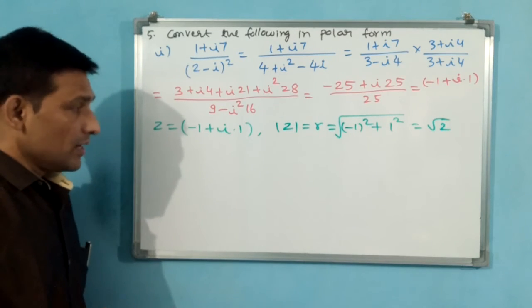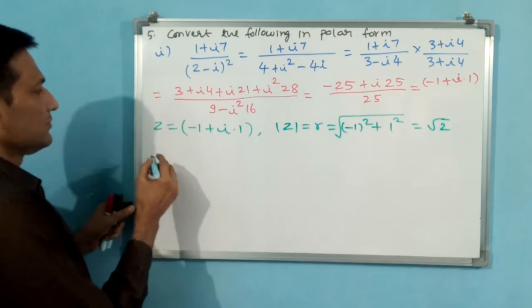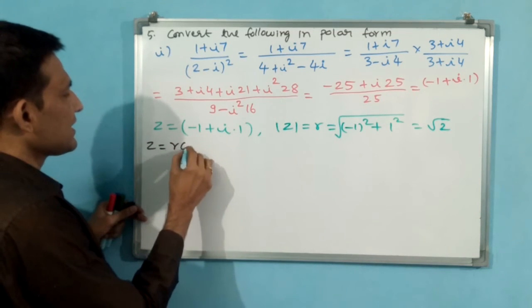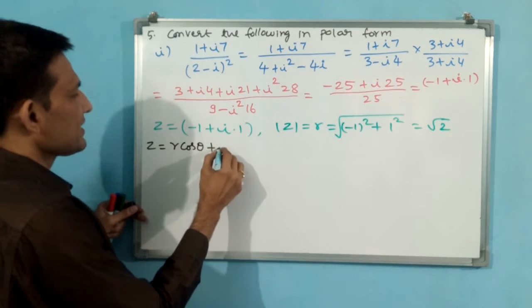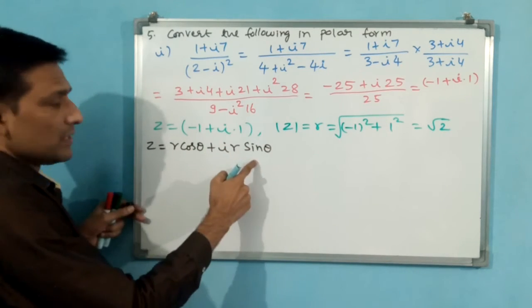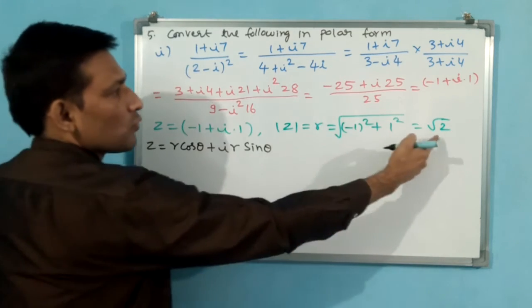Now what you have to do? You have to write in standard form. z is equal to, standard form is what? r cos theta plus i r sin theta. This is polar form. If you compare, r cos theta is equal to minus 1, but r also you know, root 2.